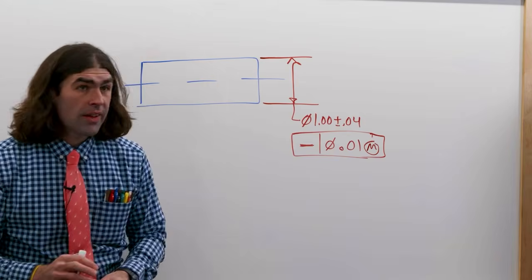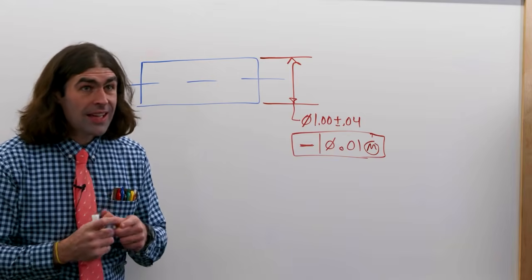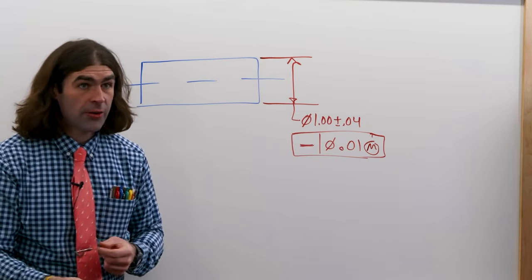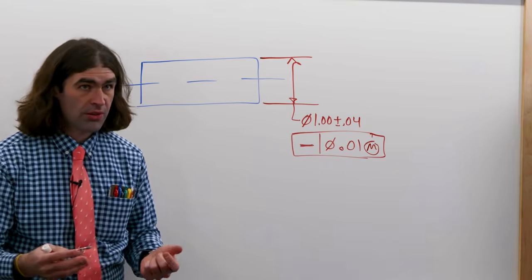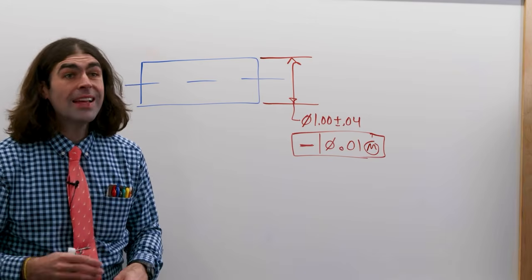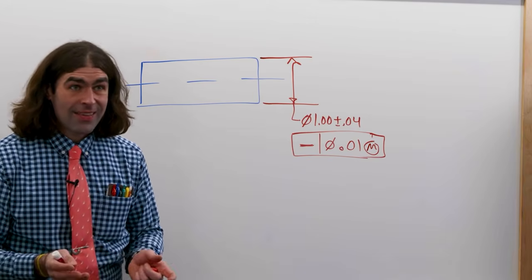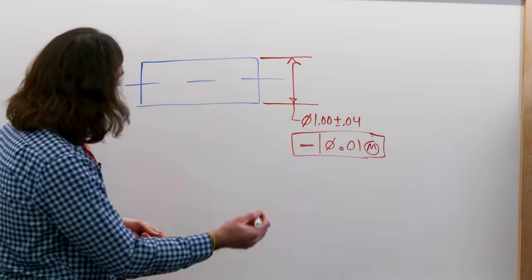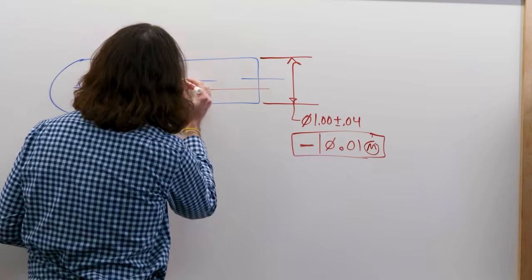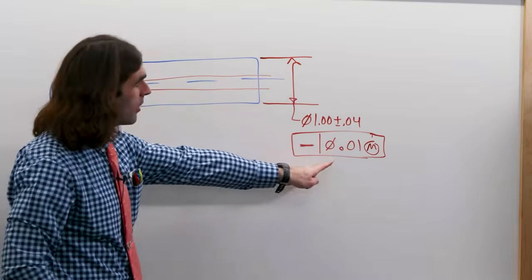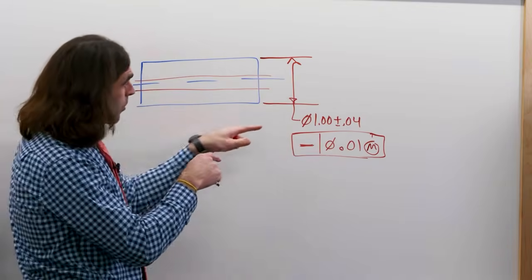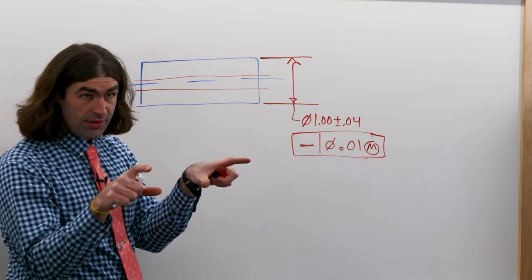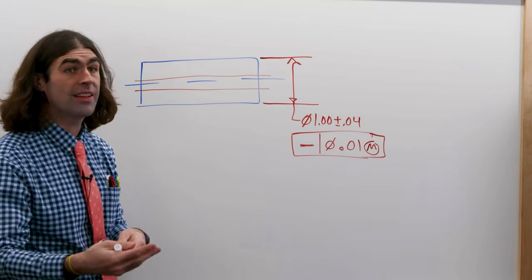One thing to notice here is whenever you apply a straightness tolerance to a derived median line, you're giving it more tolerance than you would if you just used plus or minus dimensions. So what it's doing is violating the MMC boundary. If you think about it, if you have a 10 thousandths tolerance zone going through the part right here, the part comes in at MMC and it can bend 10 thousandths, that means it can take up more than its MMC.